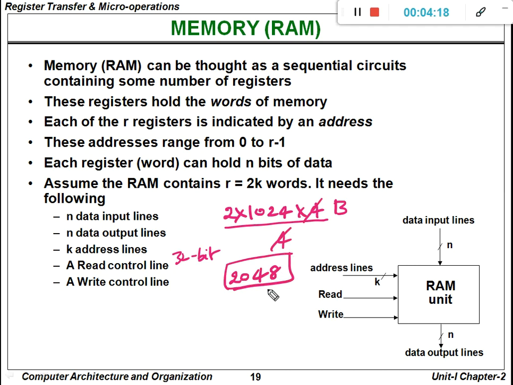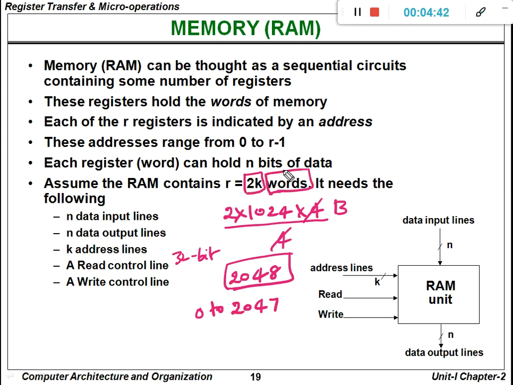That is why we need addresses from 0 to 2047. Like this we can determine the number of address locations required. As they have given 2K words, we need 2K address locations.